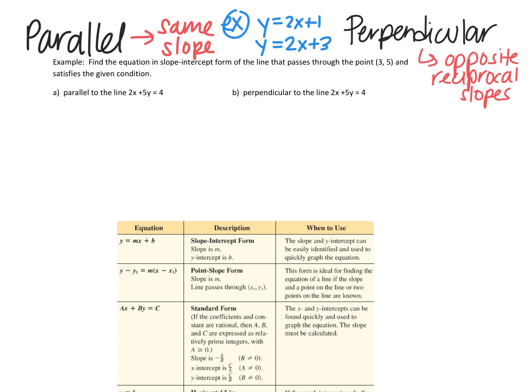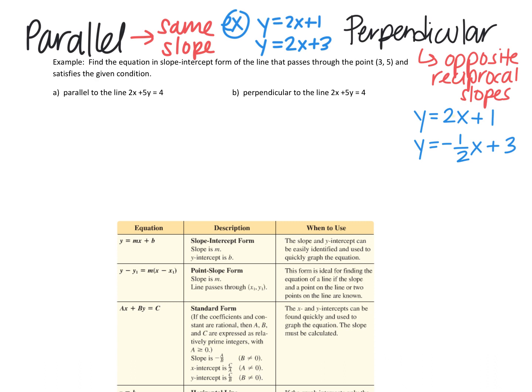So for example, if I have that same line 2x plus 1, then the opposite reciprocal to 2 would be, so you change the sign, then you flip the fraction. This is 2 over 1, and so when you flip it, it becomes 1 over 2, or it has to be negative 1/2 x. The y-intercept doesn't matter, but the slopes should be opposite reciprocal.